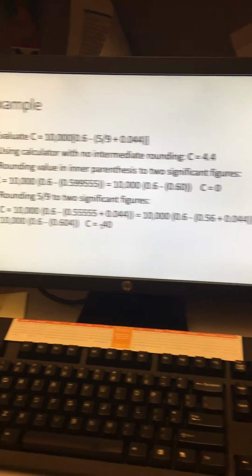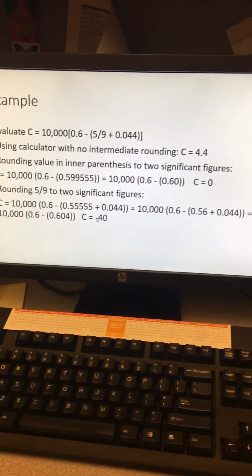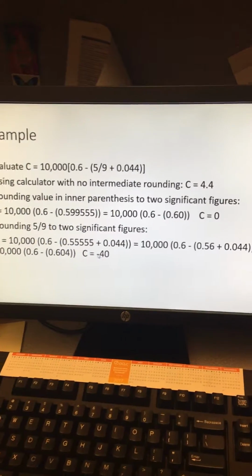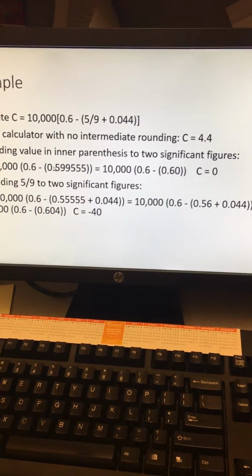So you can see the risk when you round intermediate values within the calculation. So you need to be sure you understand what you're doing there.